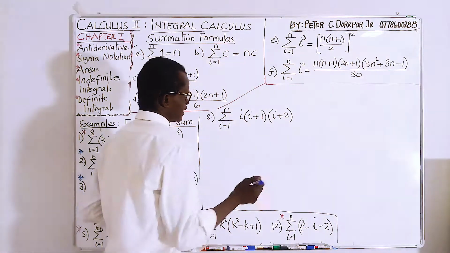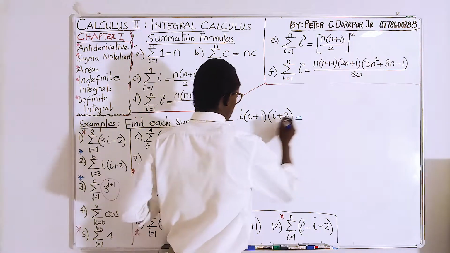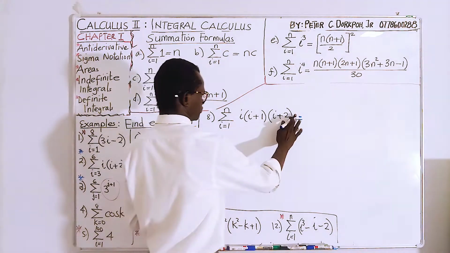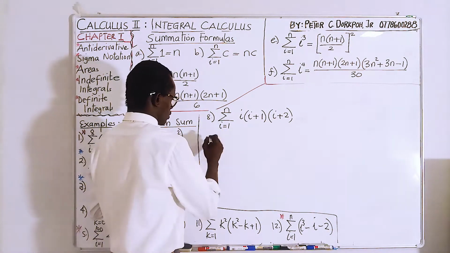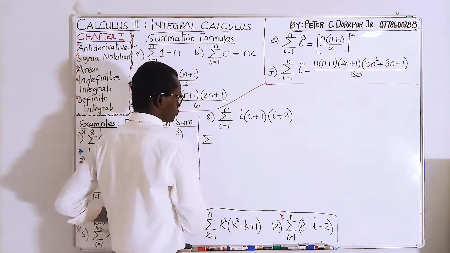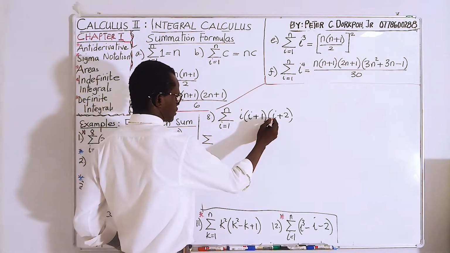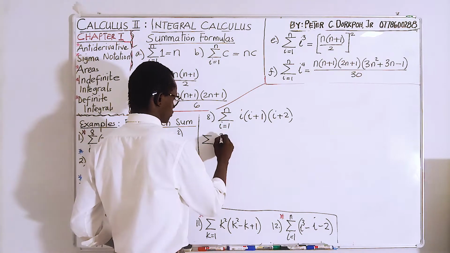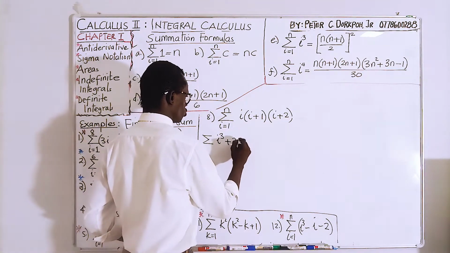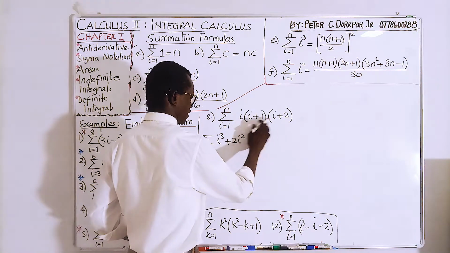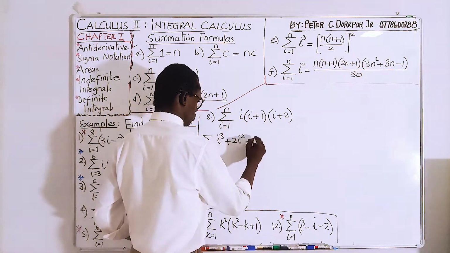So for question number 8, we can first expand this one, right? So let's bring it down right here. We have r times r is r squared, times this one is r cubed. r times 2 is 2r, times this one is 2r squared. 1 times r is r, times this one is r squared.